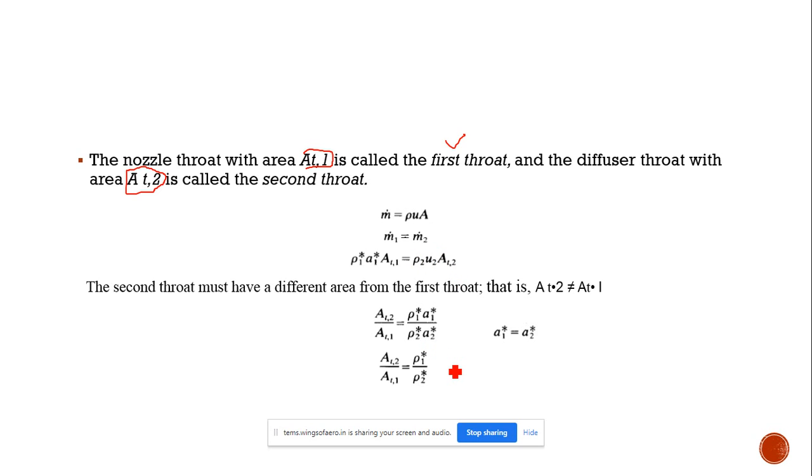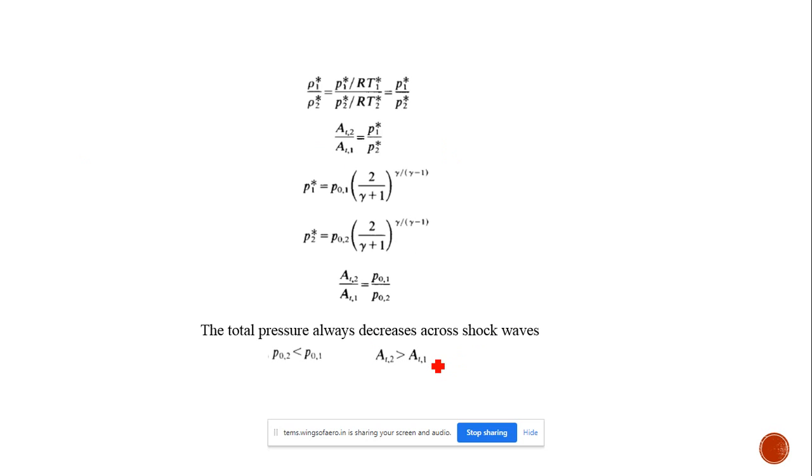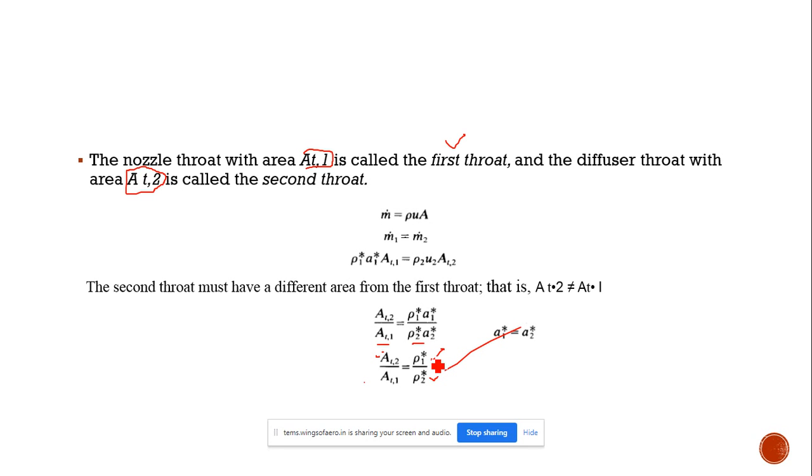So At2 divided by At1 equals rho 1 star a1 star divided by rho 2 star a2 star. We know a1 equals a2, so we can neglect that. The remaining terms: At2 divided by At1 equals rho 1 star divided by rho 2 star.